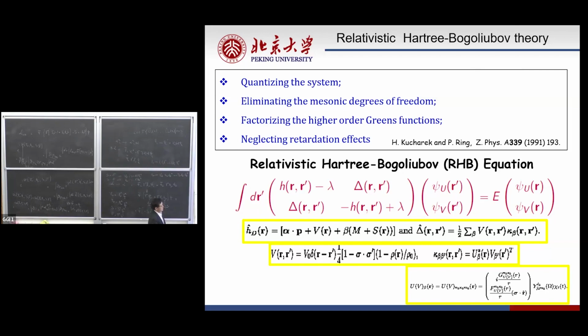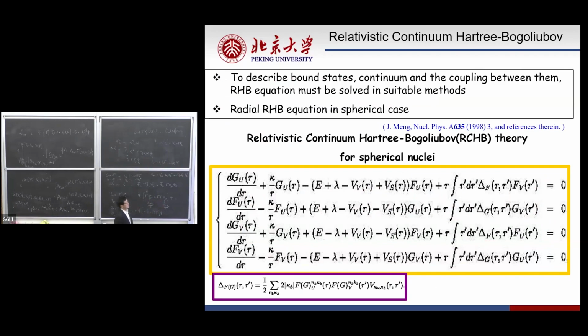And then after you take this into account, finally you end up again solving this kind of coupled differential integral equations. If you use a zero range pairing interaction, this pairing tensor is a delta function.